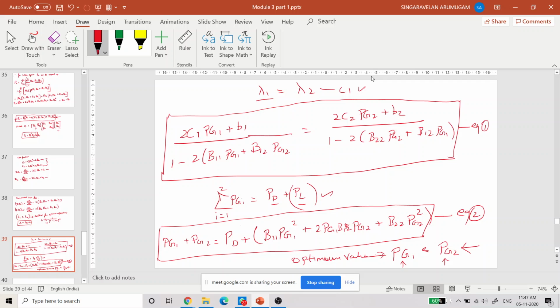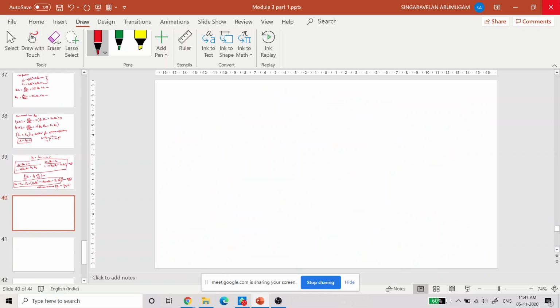Next, we need to find PGi in a systematic way. In the last class also, we concluded how to find it. These are all very big steps, very complicated. So by considering lambda and all these constraints, we need to come up with a systematic way, or it has to be solved by hand.